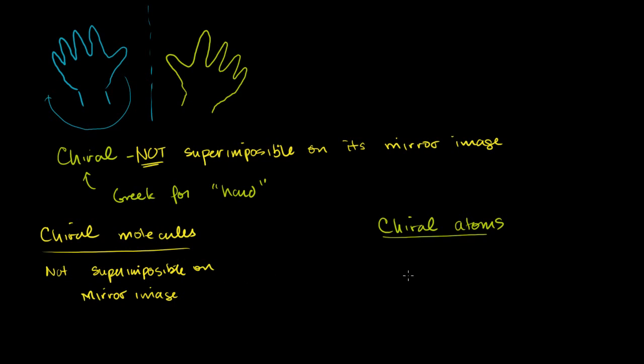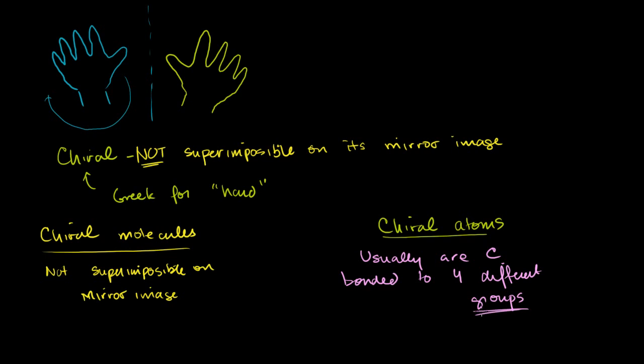But when you look for chiral atoms within a molecule, the best way to spot them is to recognize that these usually are carbons, especially when we're dealing with organic chemistry, but they could be phosphoruses or sulfurs. But usually are carbons bonded to four different groups. And I want to emphasize groups, not just four different atoms.